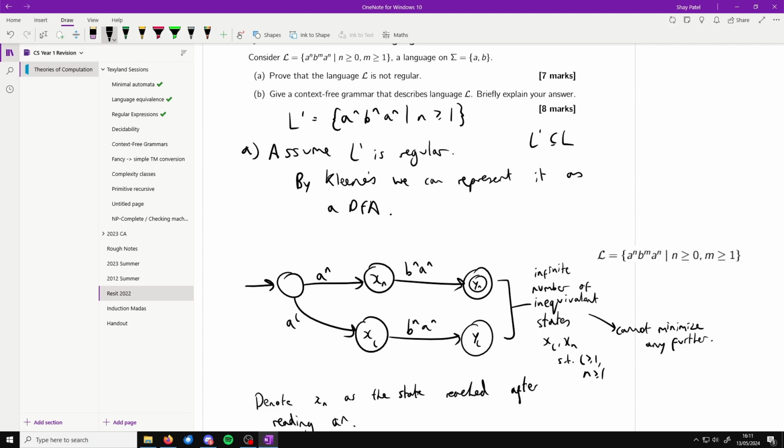So essentially, we've proven that this is irregular because there are infinitely many states, and hence that contradicts the property of the DFA. Because it's not finite.